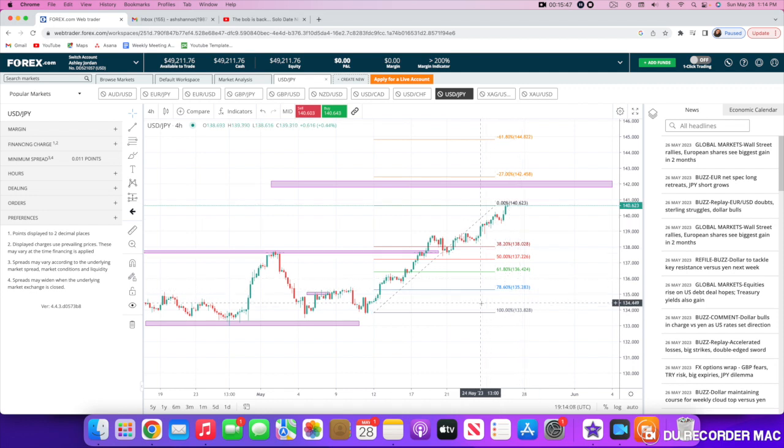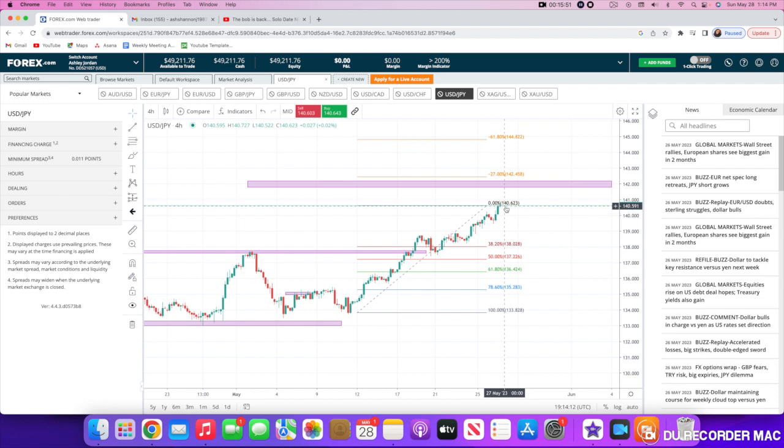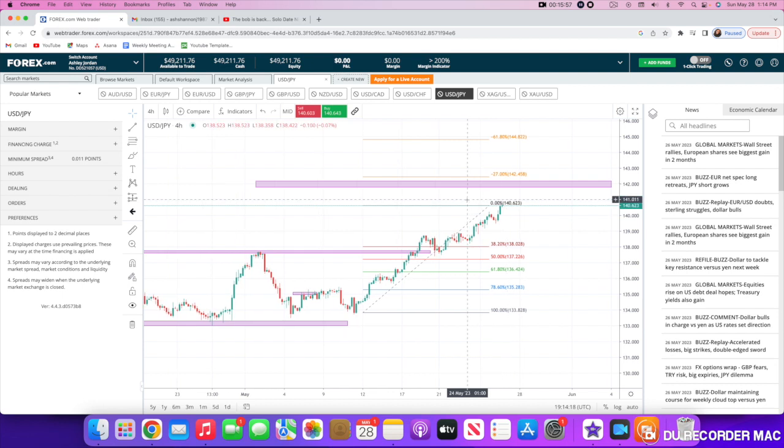So if the market is headed up in a bullish direction, you go from the bottom to the top of where price is currently at. If you're going in the bearish direction, it's the opposite. You want to start at the top part where price had previously been, and then go to where price is currently at.